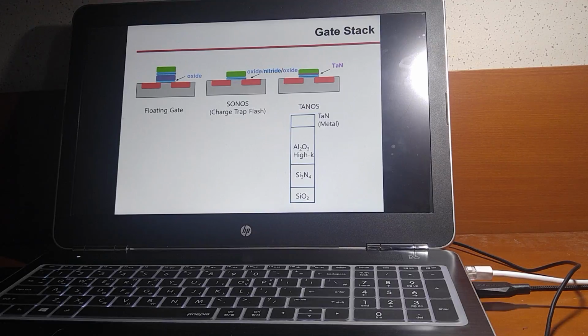We insert nitride on the oxide, but as you can guess in this engineering, it is very hard to realize. Also in TANOS we use titanium, but it is also very hard to realize.